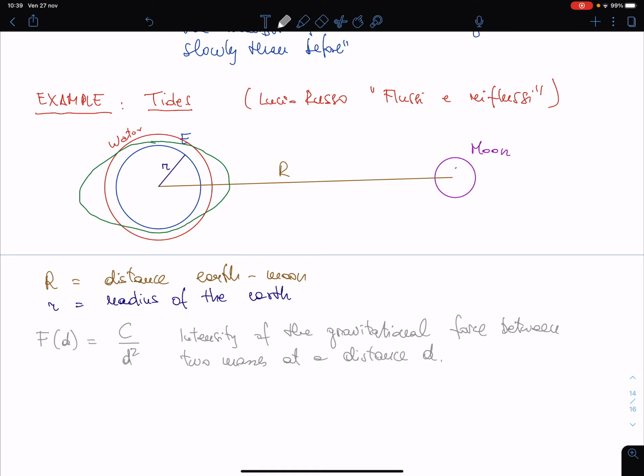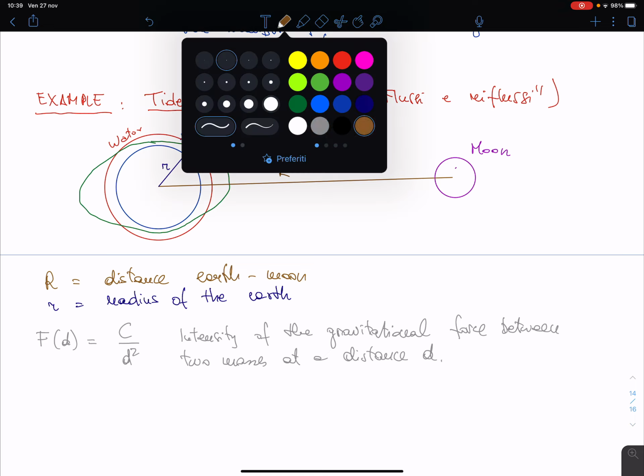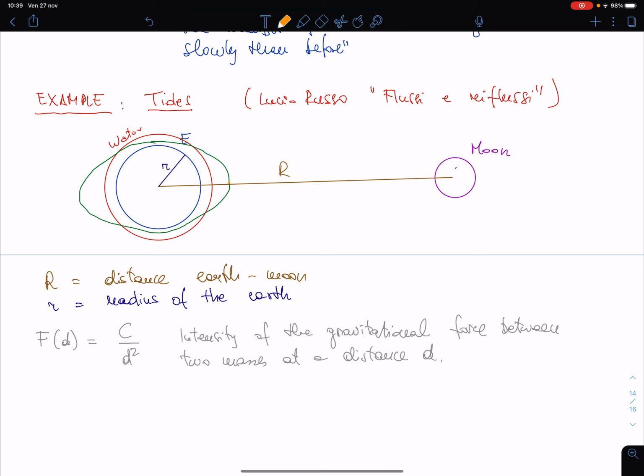Okay? And now we compute the force in these three points. A point that I call A, which is here. A point that I call B, and the center of the Earth. Okay?